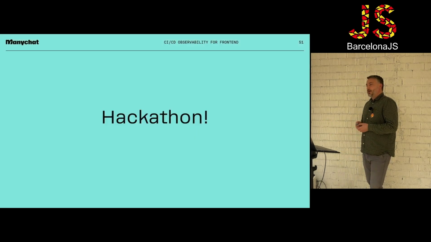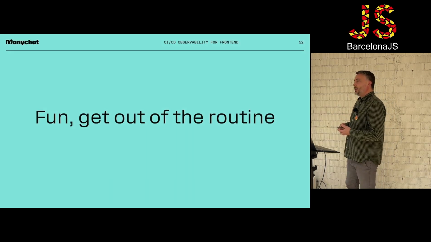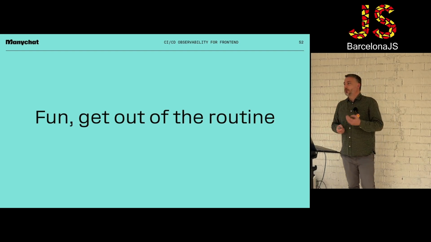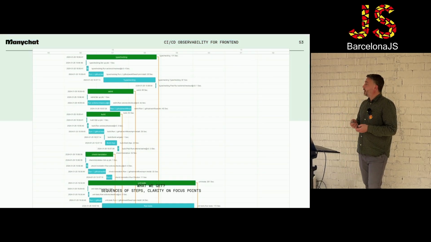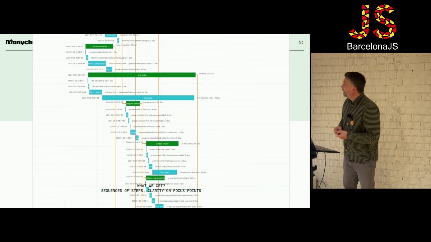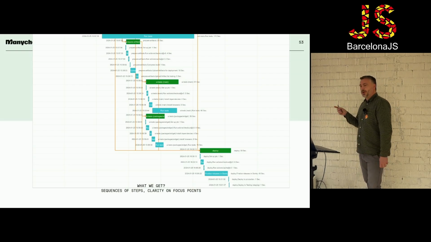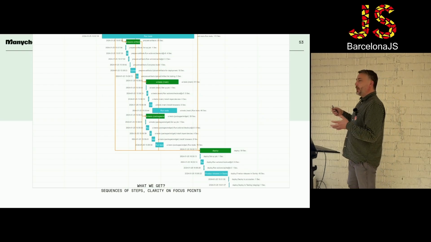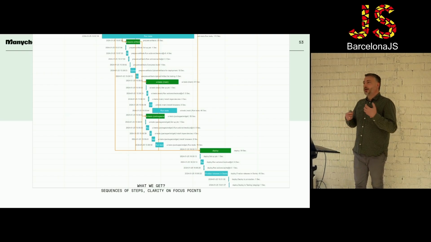So I started a hackathon for our internal guys, just to try getting out of routine, just to have some fun. And in 1 day, a team of 2 developers wrote an internal service to visualize our process. And this is, I think, the last one built from our CI/CD GitHub Actions process. From this information, we can understand which step goes after which one, and which step takes a long time.